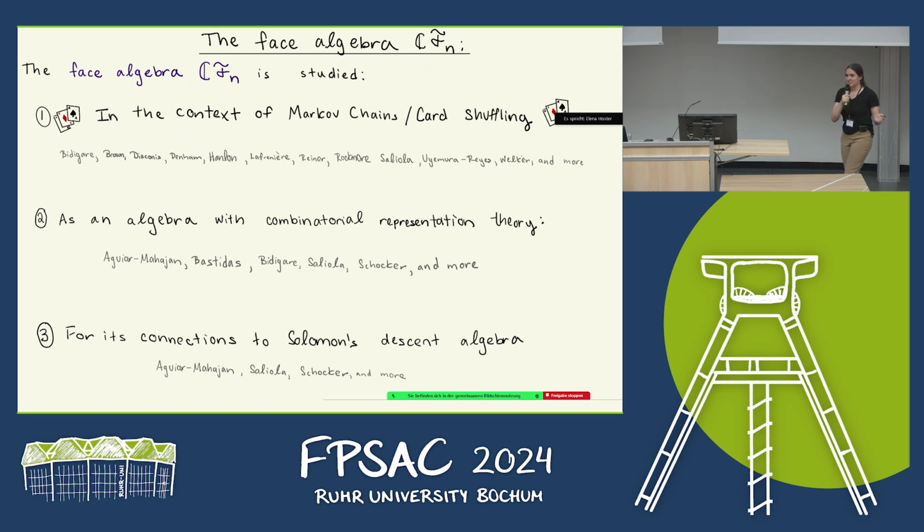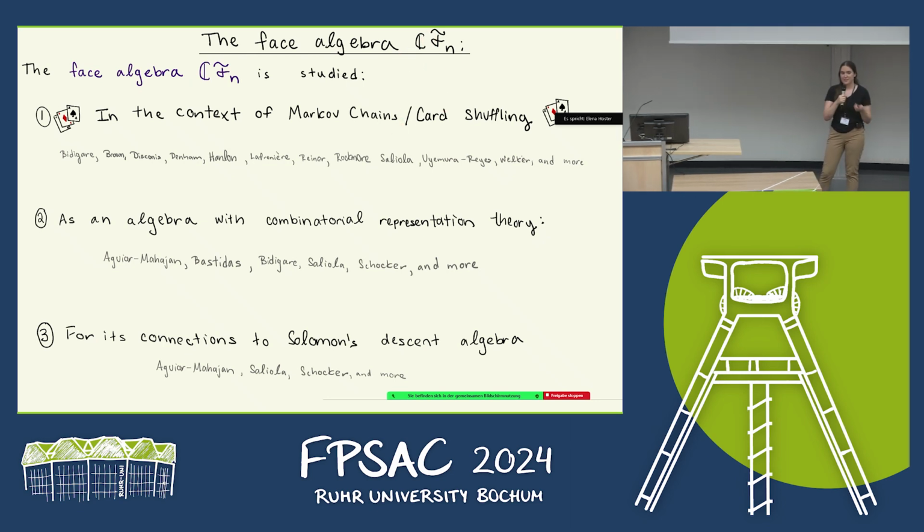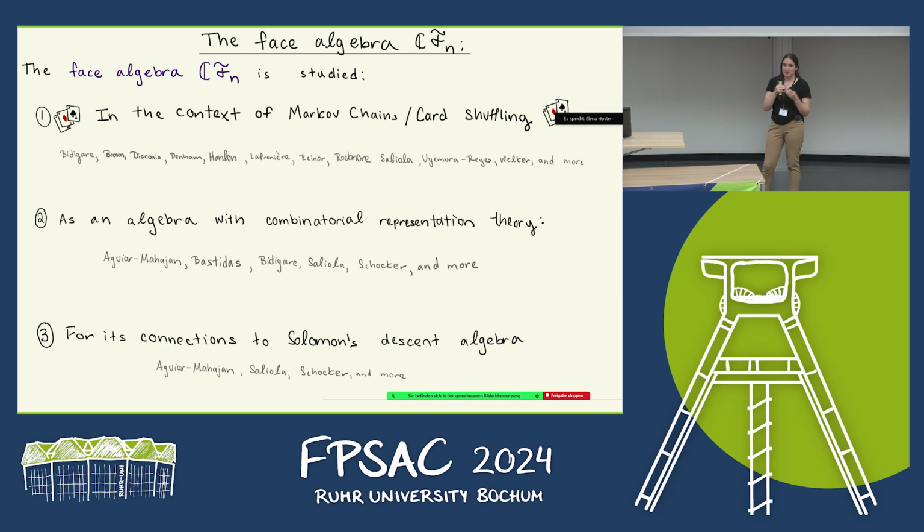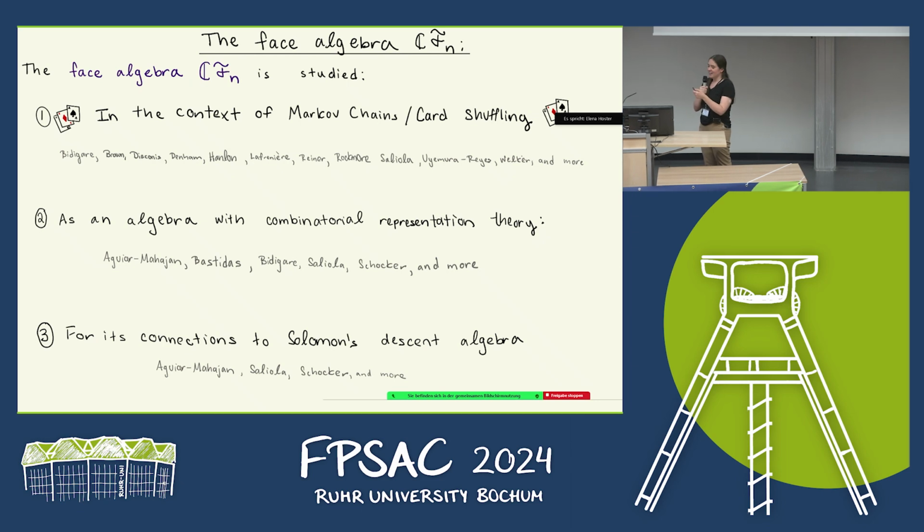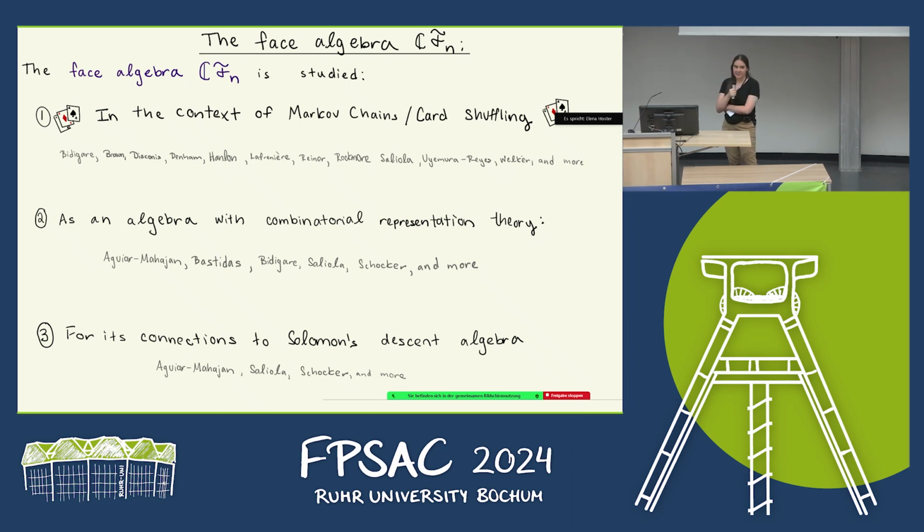This just means all C-linear combinations of faces, and you extend multiplication linearly. It's most popularly known for its connections with Markov chains and card shuffling. It turns out that you can model several popular Markov chains inside the face algebra and then use the combinatorics of the braid arrangement to get the eigenvalues.